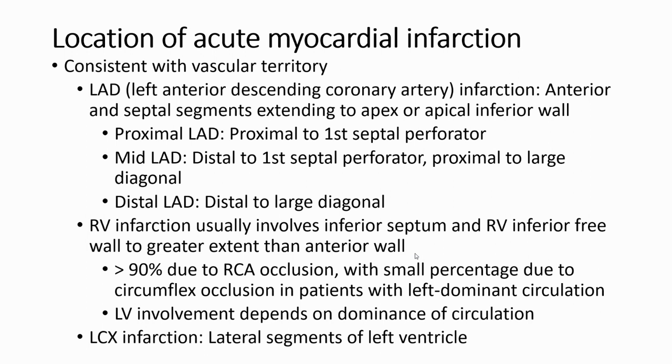Right coronary infarction usually involves the inferior septum and right ventricular inferior free wall to a greater extent than the anterior wall. More than 90% are due to RCA occlusion, with a small percentage due to circumflex occlusion in patients with left dominant circulation.